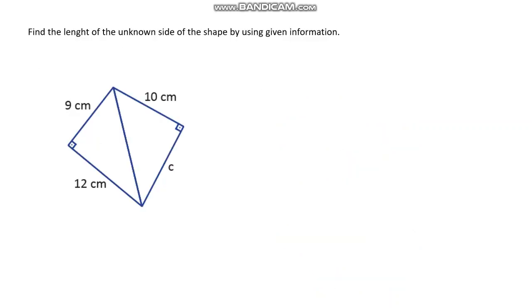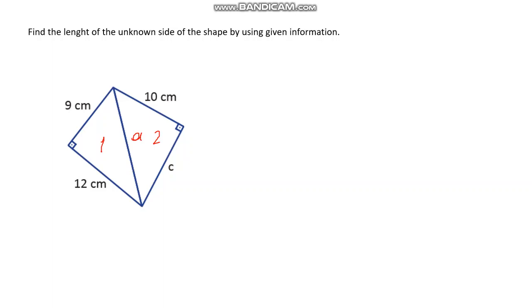Let's look at the question. Find the length of the unknown side of the shape by using the given information. Firstly, we should find the length of this side. Let's say it's A. We can see there are 2 right triangles. Let's start with the first one. We can apply the Pythagorean theorem.